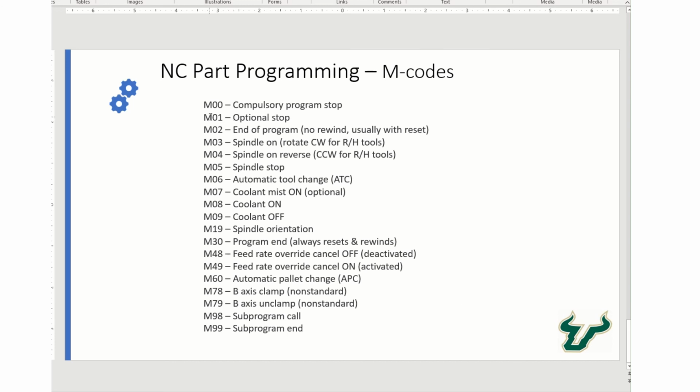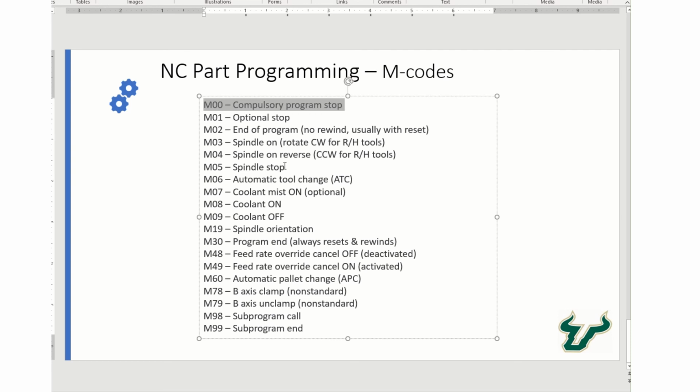For example, M00 is compulsory program stop, M01 is the optional stop, M02 is the end of the program, M03 and M04 are basically spindle on, and there are different attributes to that as well. M05 is stopping the spindle. Automatic tool change is M06, then the coolant options come in the next set of M commands, and so on. So depending on how the part needs to be machined, you can make use of these G codes and M codes.